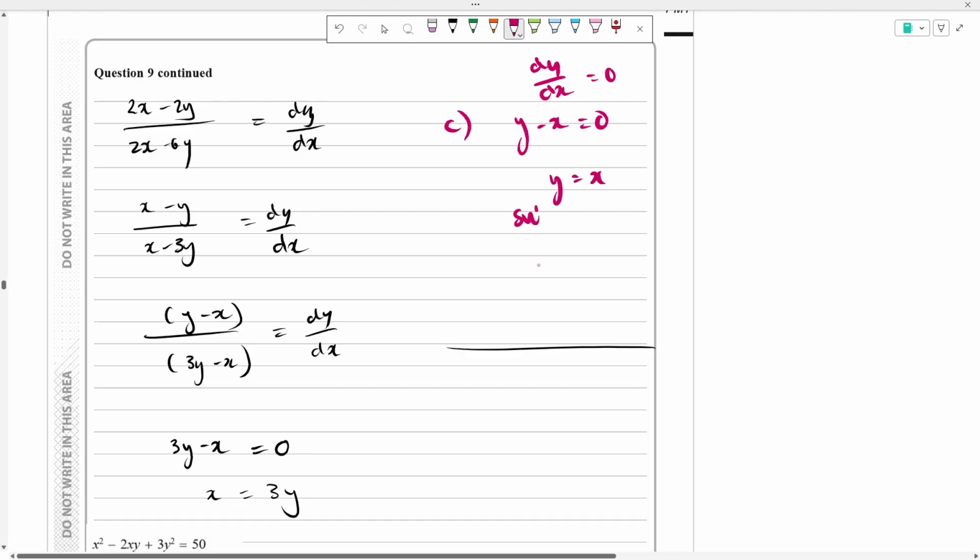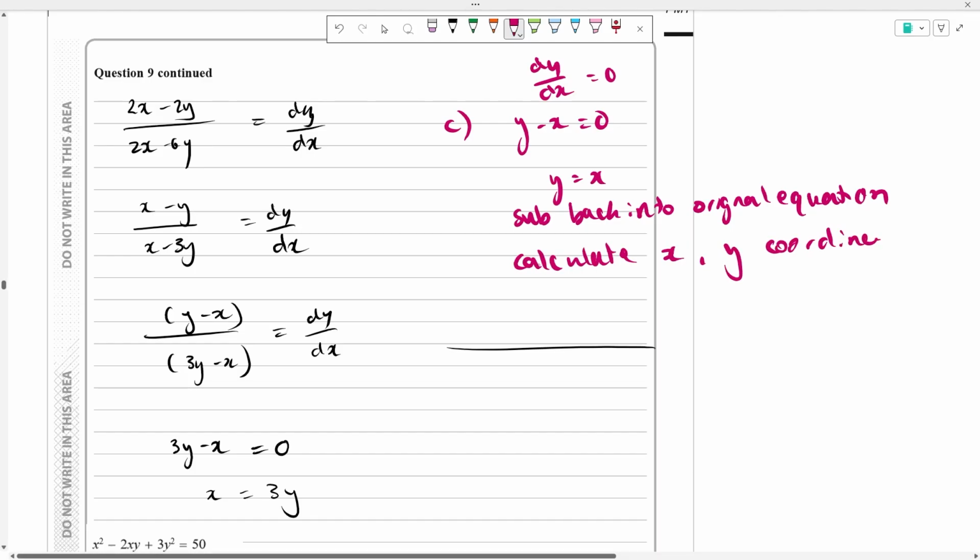Sub it back into the original equation, and then calculate the x and y coordinates via simultaneous equations, because that's essentially what we did through simultaneous equations. Perfect.